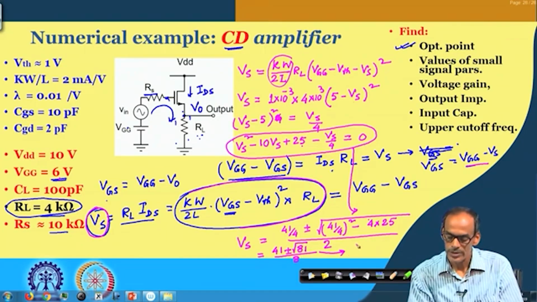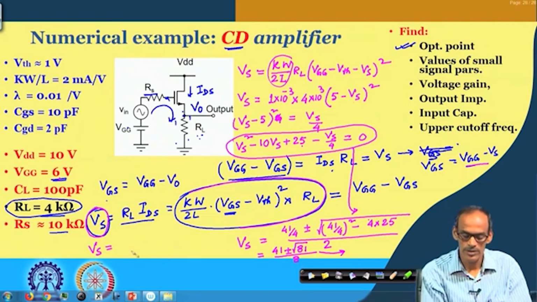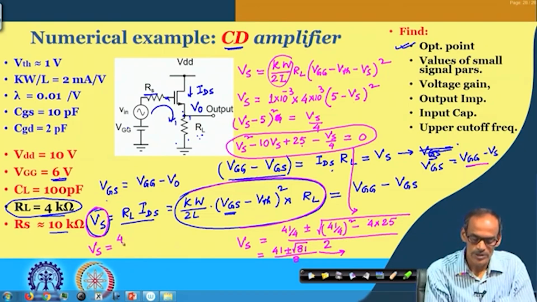So V s equals 41 plus or minus 9 divided by 8. Sorry for the clumsy arrangement.